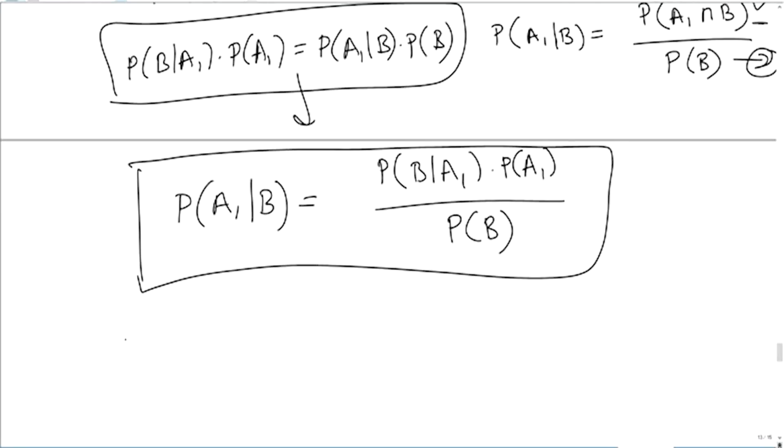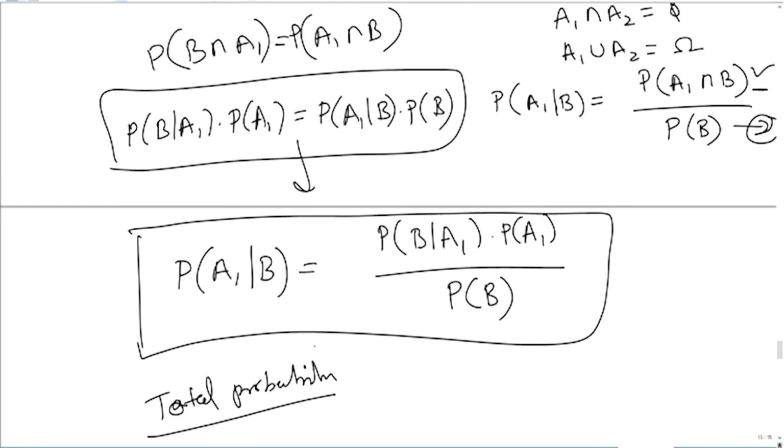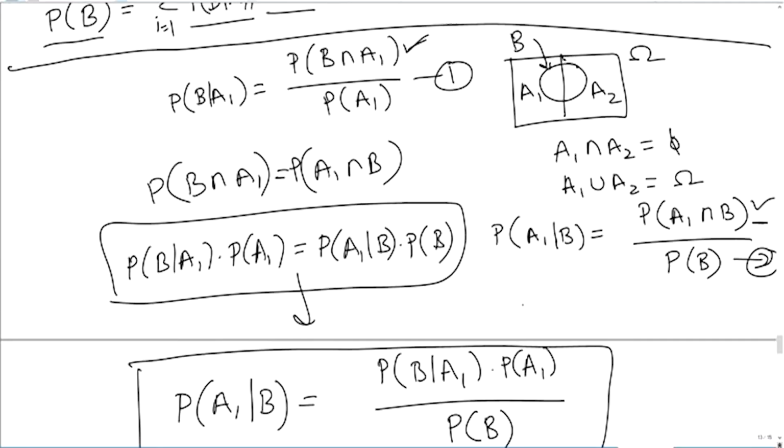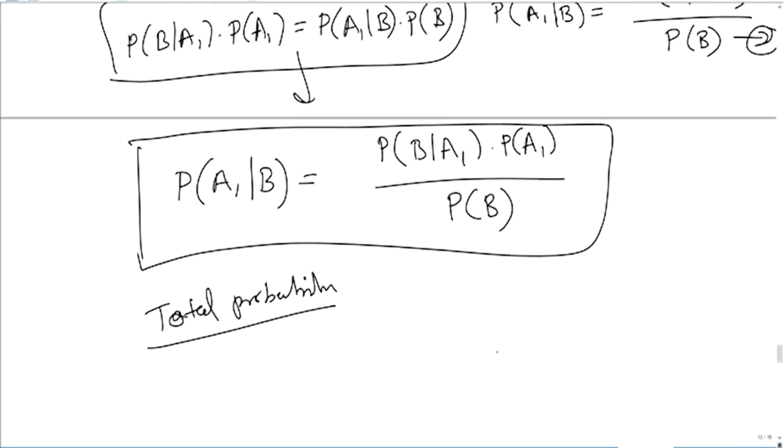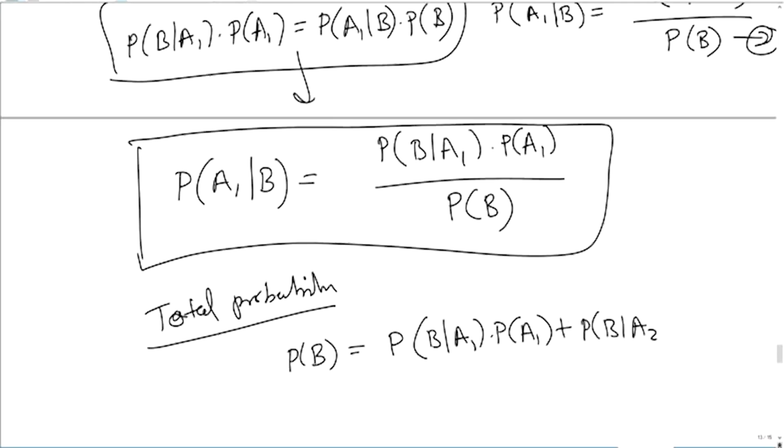Well, from the law of total probability, can you figure out what would be the probability of B? Yes, because these events A1 and A2 are mutually exclusive and exhaustive. So you can write probability of B should be equal to probability of B given A1 into probability of A1 plus probability of B given A2 into probability of A2, basically a summation across all such terms.